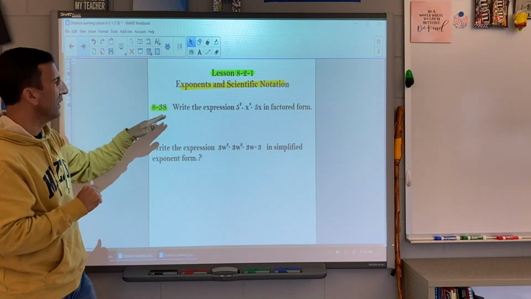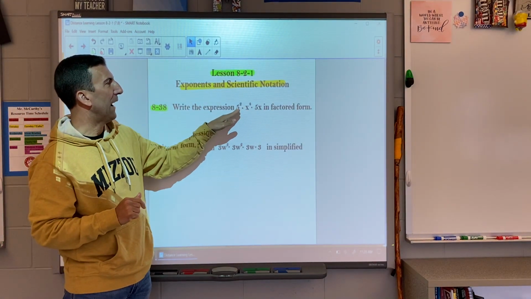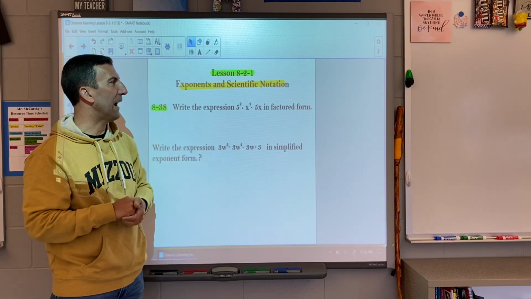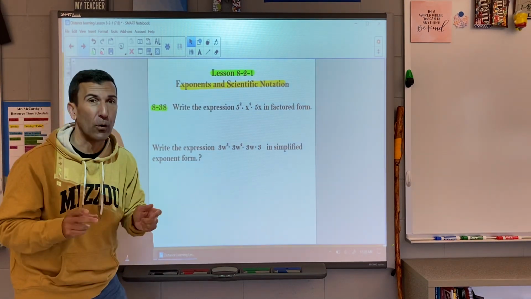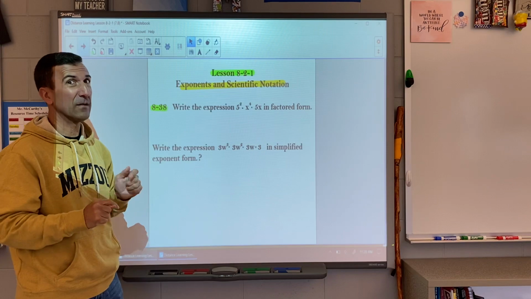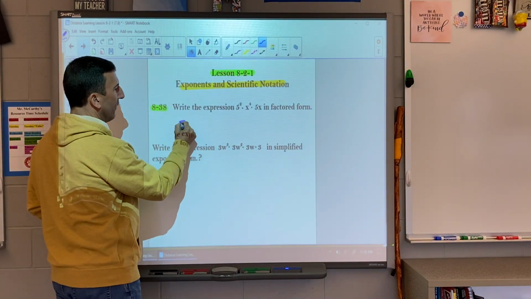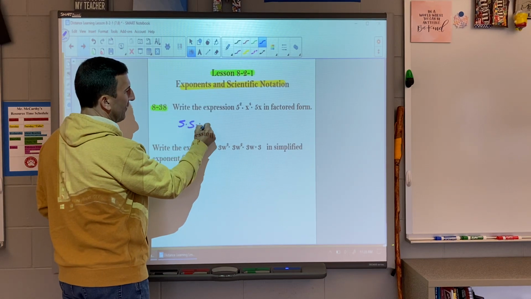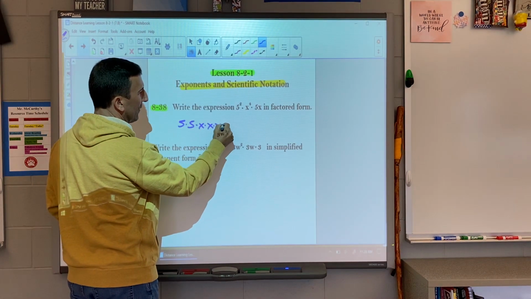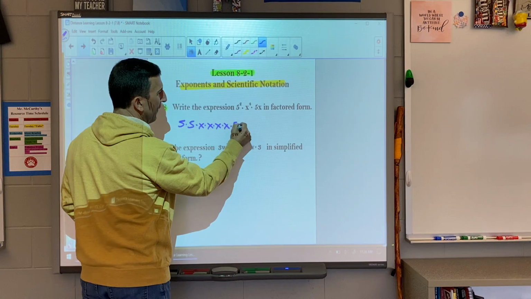Then we asked you to do this one. Write the expression 5 squared times x to the 4th times 5x in factored form. Got to make sure you read directions so you're doing it in the right form. In this case, we have 5 times 5 times x times x times x times x times 5 times x.